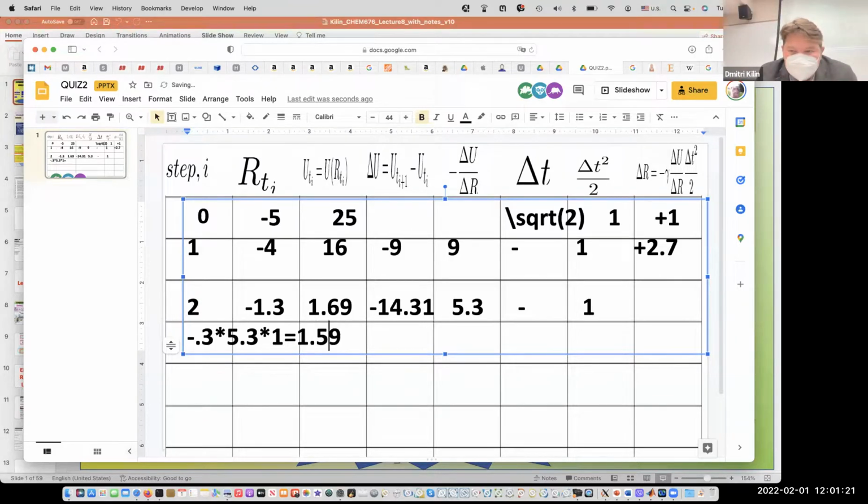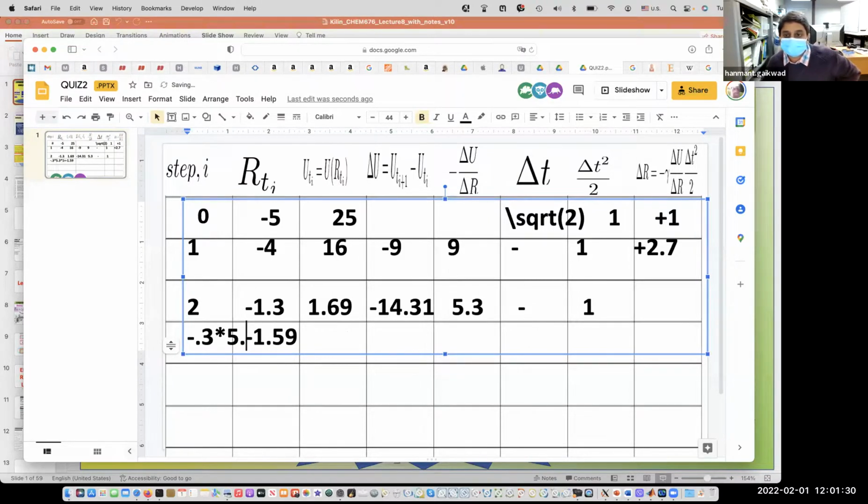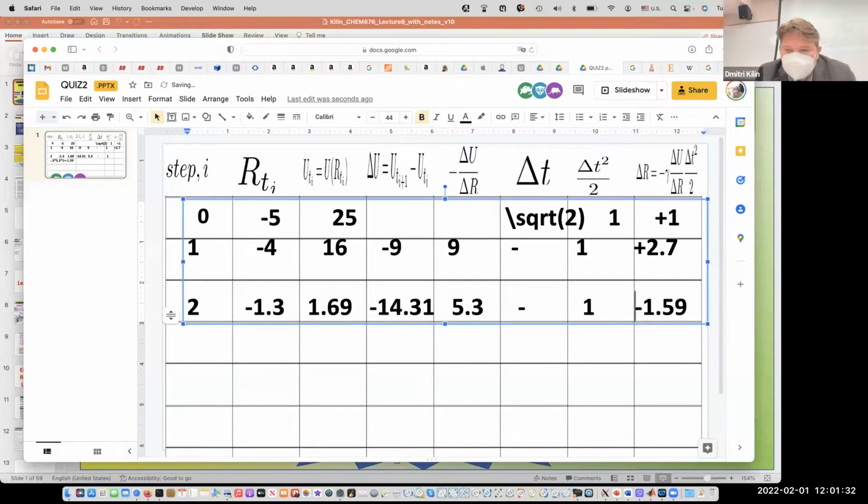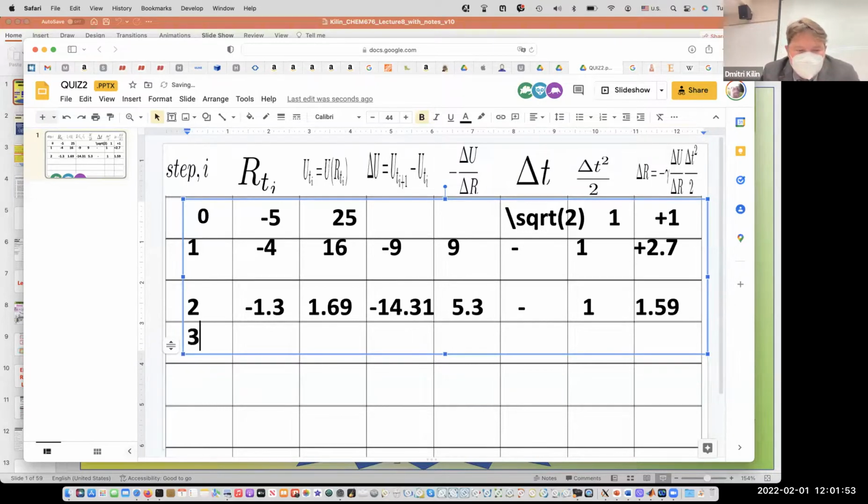The minus gets cancelled. That gamma value is negative, so it will be a positive 1.59. Plus? Yes. Okay, better. Now let's go to the next step 3.